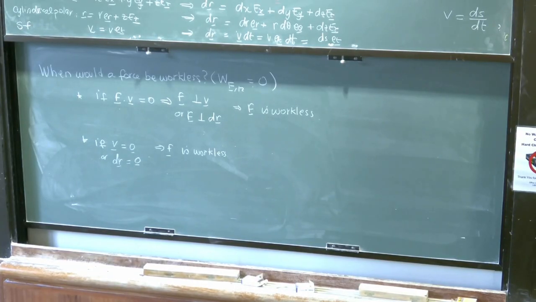Okay, now let us think of a projectile motion. Is the work of a force zero during projectile motion? Work of the weight, right? If it's a projectile, then the only force acting on it is the weight. Is the work of the weight zero? No. Is it going to be positive or negative, the work of the weight?